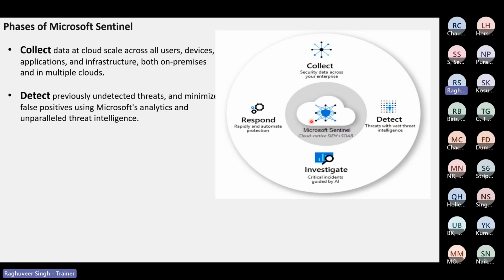It minimizes false positives using Microsoft's analytics and unparalleled threat intelligence. So Microsoft Sentinel is also fed by Microsoft Threat Intelligence Suite. Microsoft has a threat intelligence engine in the backend, which is feeding Sentinel for the analysis, for the intelligence that it has. So it will detect, and how it detects is what we are going to focus on today.